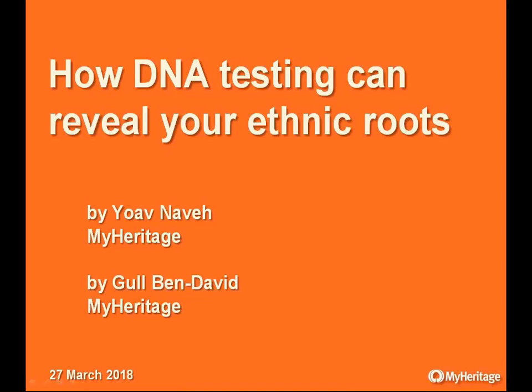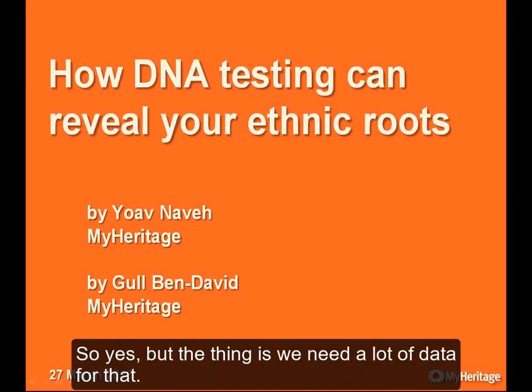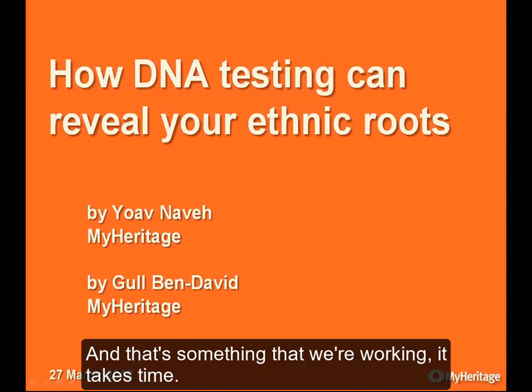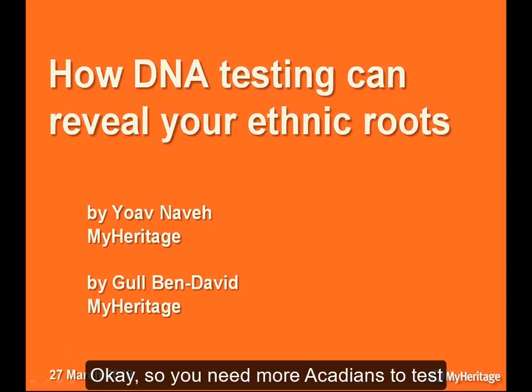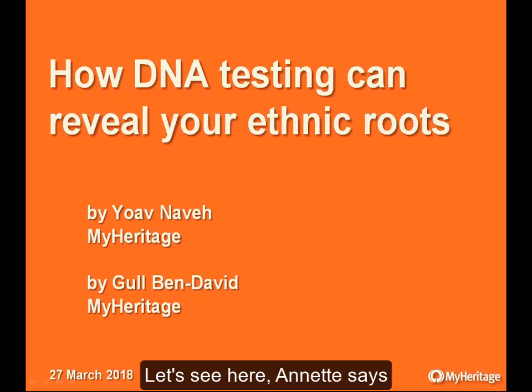If the DNA shows there's variation, we're going to try to catch that variation and give it back to the users. But we need a lot of data for that, and it takes time. But definitely yes. You need more Acadians to test, and then that'll make it easier.